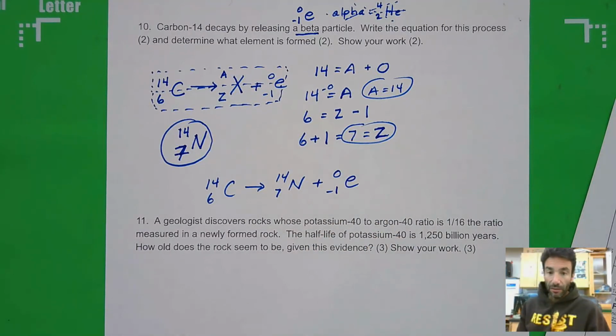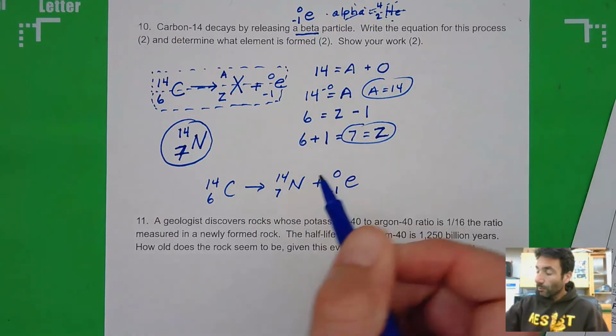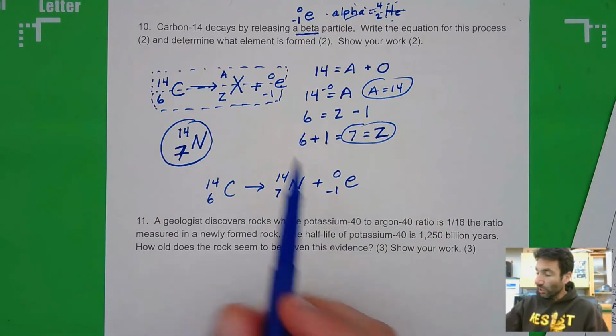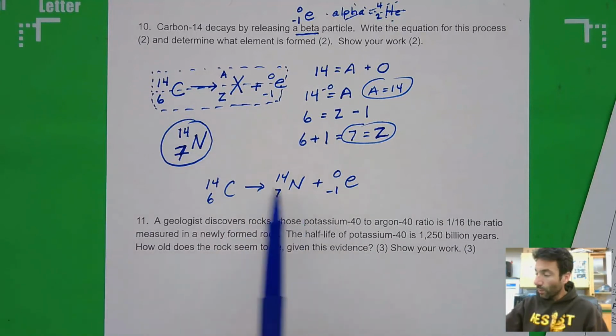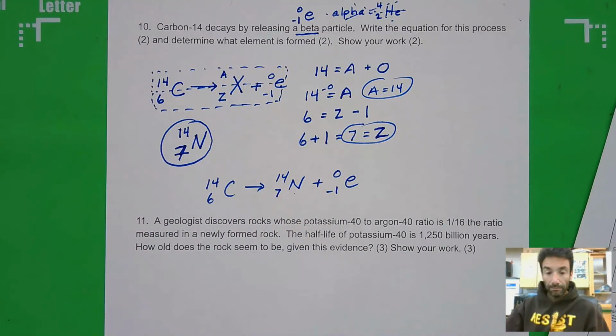And there we go. We've shown our work by doing this. We've shown the whole equation with the unknown and with the mystery element in place.